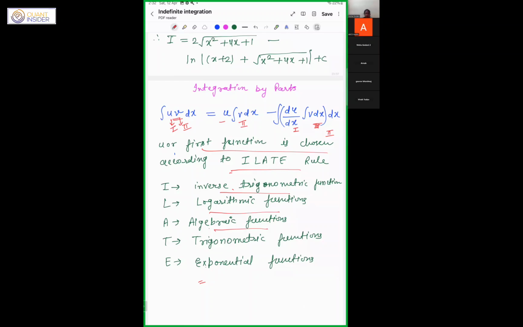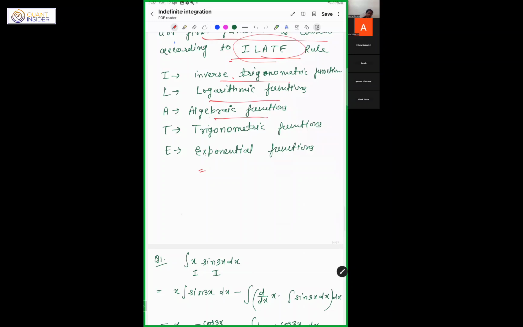So we take the first function according to this rule. If an inverse trigonometric function is present, then that will be chosen as the first function. Then if a logarithmic term is there, then say first function. So you will proceed according to this rule, and you will decide your first and second function. So let us discuss some questions.